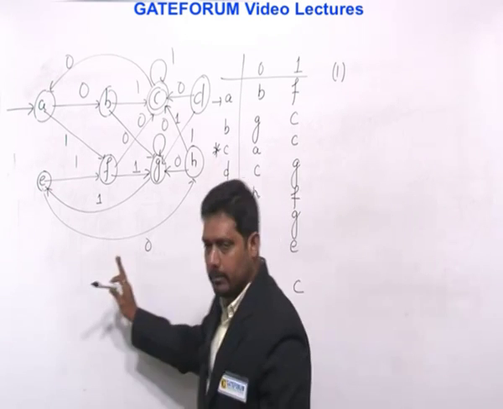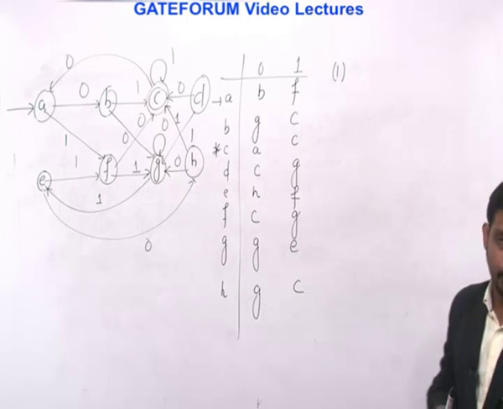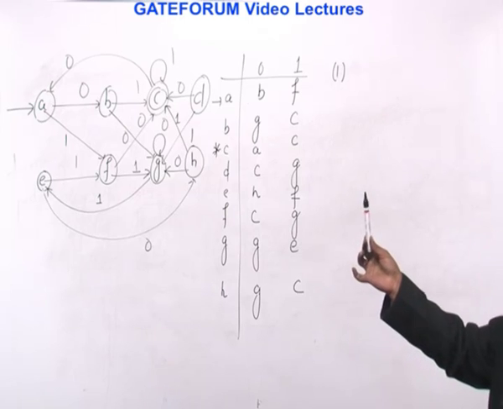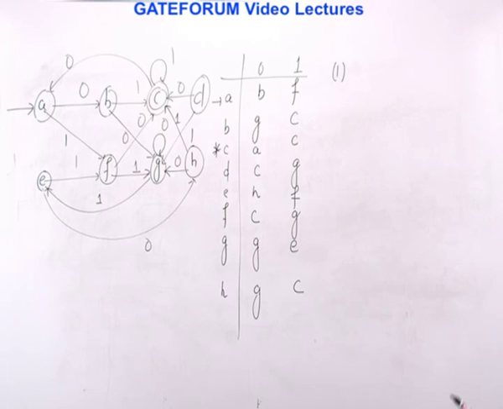Again, if you look at the diagram, in this case the table will be helpful for you, because rather than going state by state, you can directly look at the table and find out the partition by yourself.